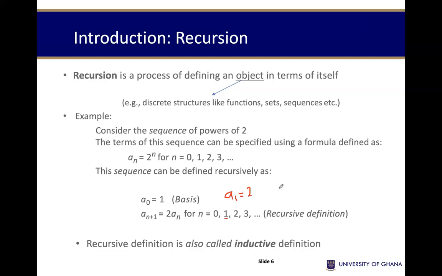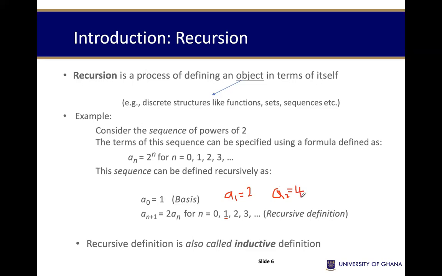So A of 2 is going to be equal to 2 times A of 1, because n is 1. Now, because we are dealing with 2 times A of 1, we already know A of 1 from the previous iteration to be 2. So that's going to give me 2 times 2, which gives 4.